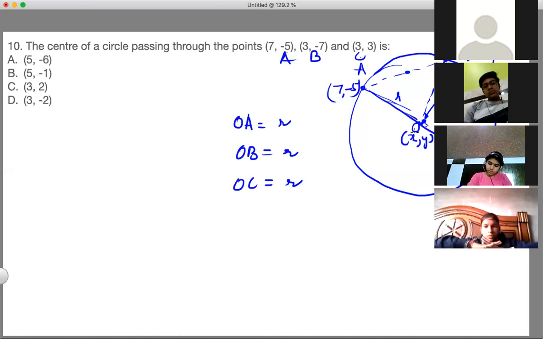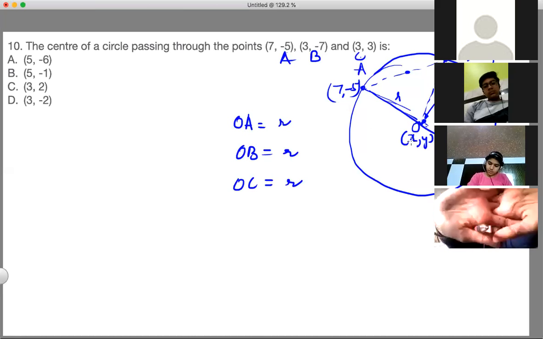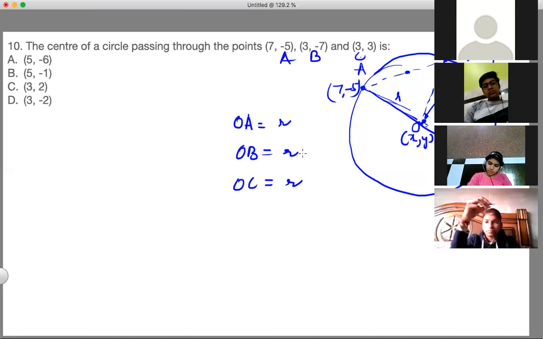ठीक है, अब हमारे पास तीन वेरिएबल्स हैं, x, y और r, और तीन इक्वेशंस हैं, राइट? 3 variables, 3 equations. So we can solve it. Okay, we have number of equations which is equal to number of variables. And they are definitely independent also from what we see, right?